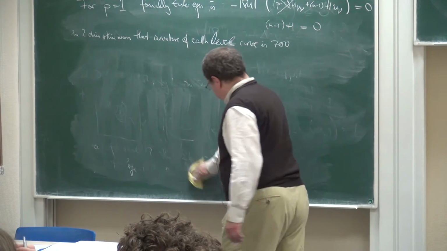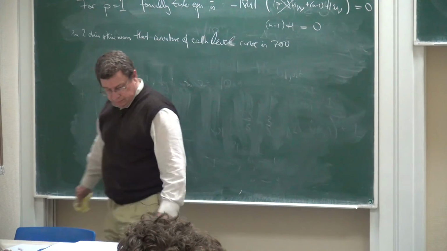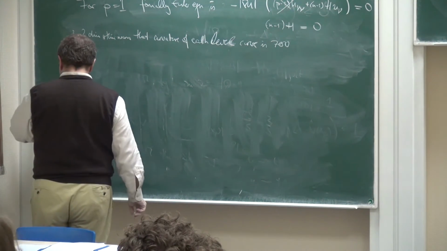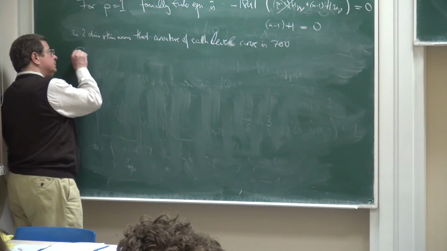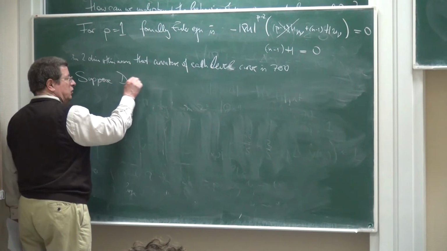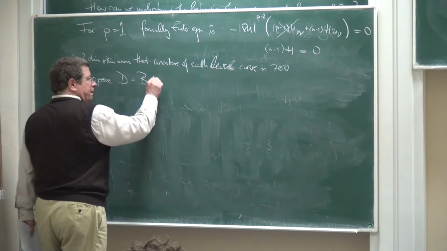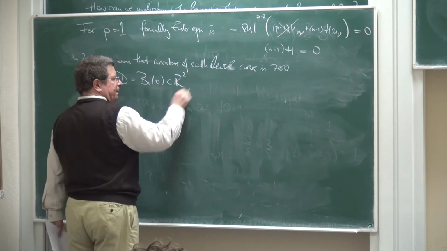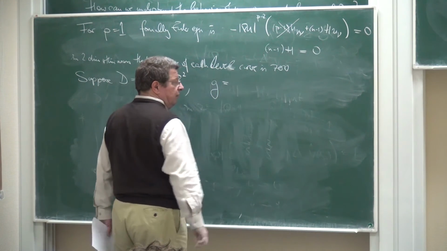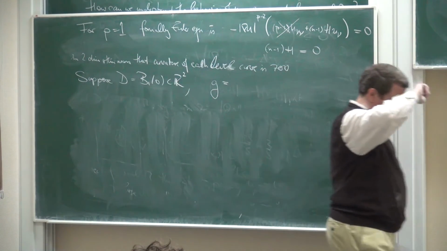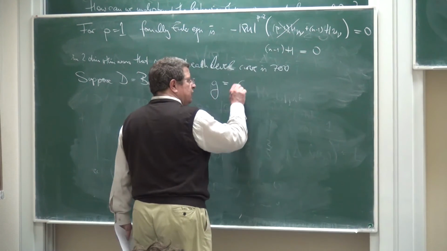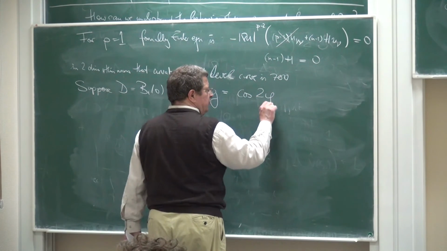Now here's an example of such a problem. Suppose D is the unit disk in R2, and the function g, which is a function of the angle on the unit circle, is just the cosine of 2 phi.